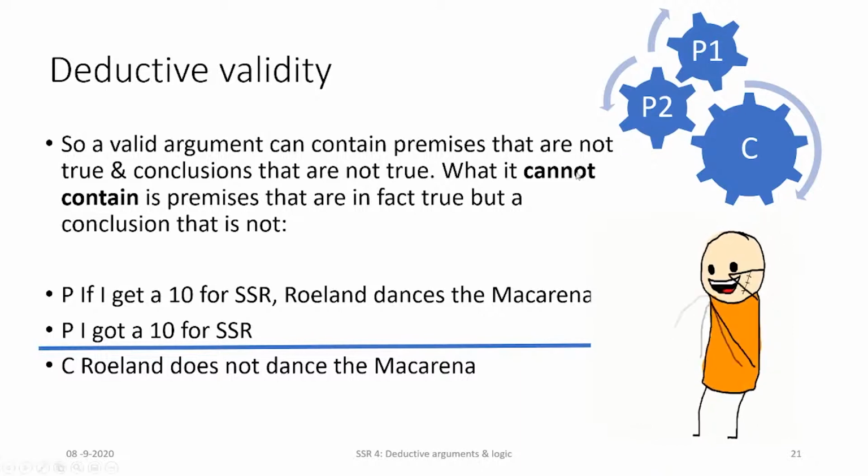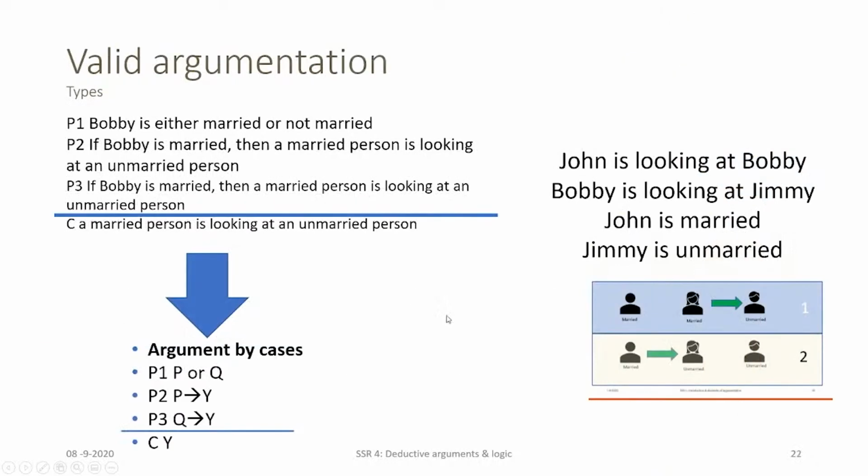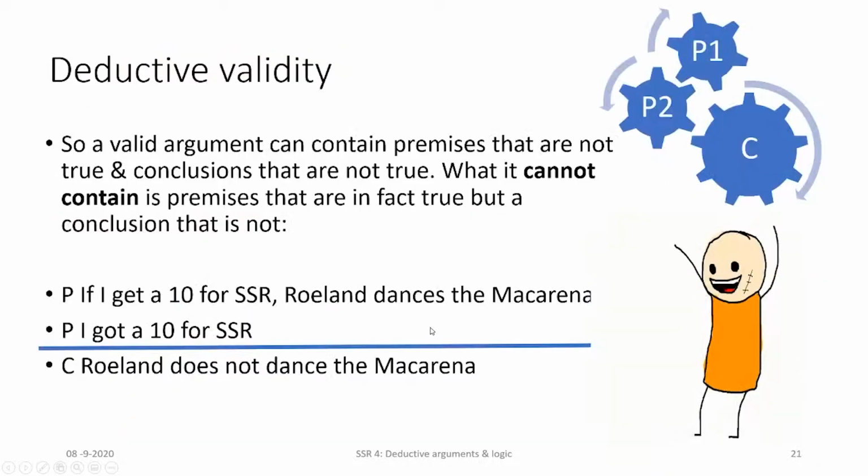So, for example, if I get a 10 for SSR, Roland dances the Macarena; I got a 10 for SSR; Roland does not dance the Macarena. Right? Again, if we assume the premises to be true, the conclusion that I do dance the Macarena would have to hold. So saying that I don't would make this argument invalid. That's basically all I can say about what deductive validity entails.